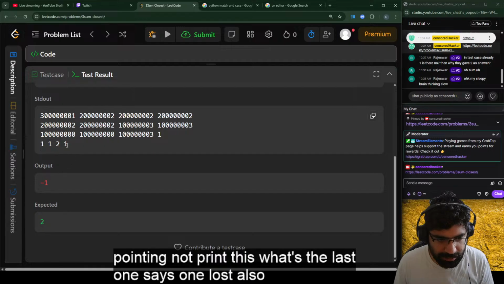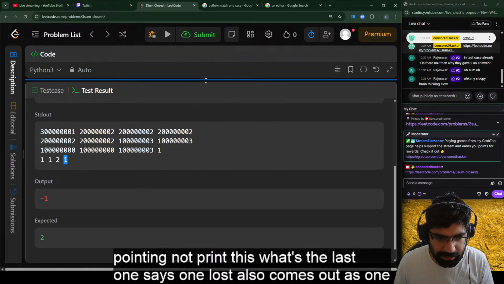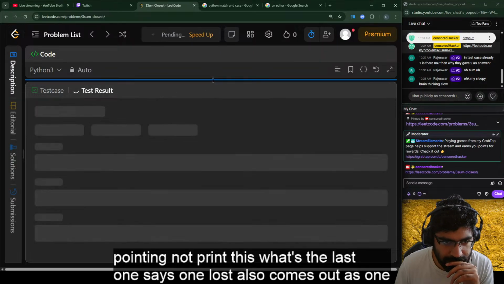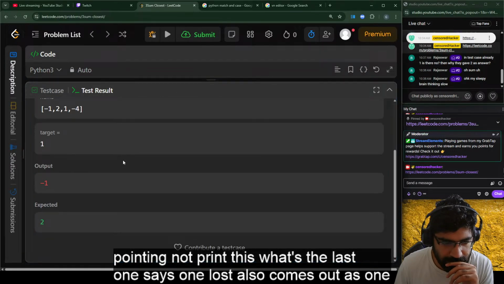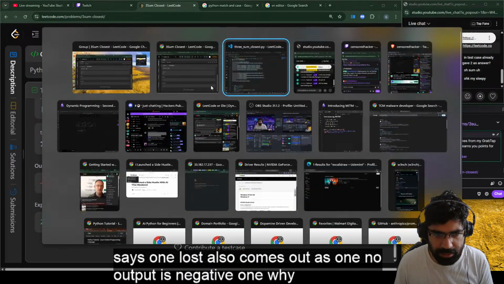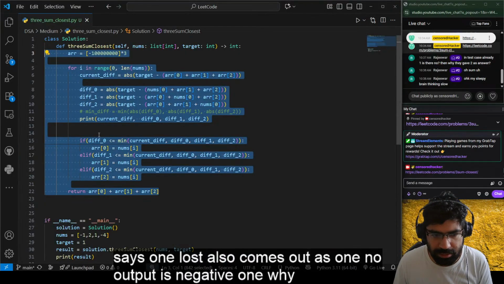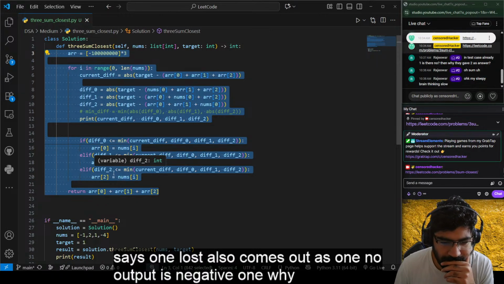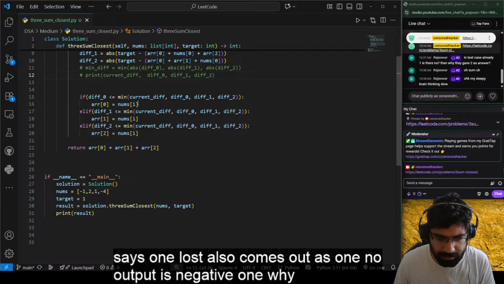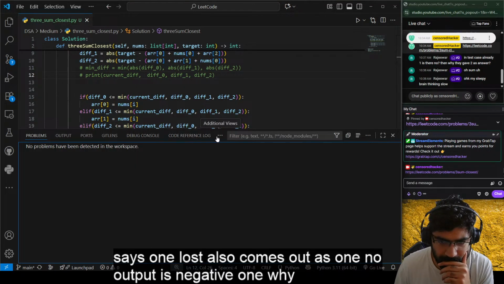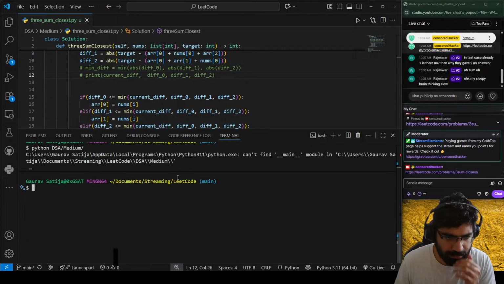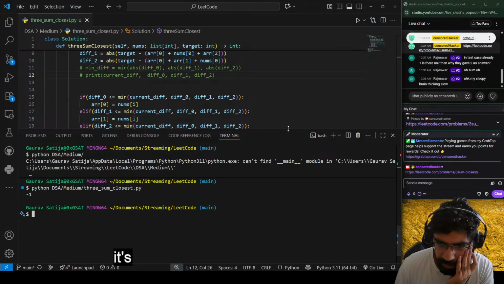Last also comes out as 1. No, output is -1. Why? It's -1.